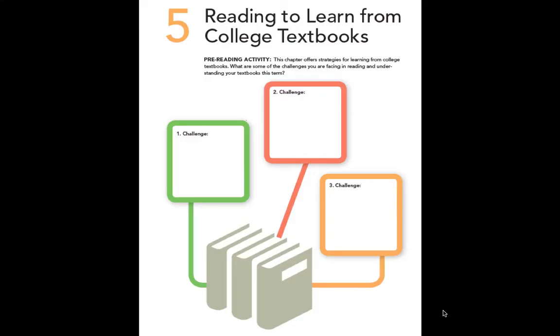So to start off this chapter, and I have mentioned this before at the beginning of every one of our chapters, you have this pre-reading activity, and this is a good one that I want you to experience. It says this chapter offers strategies for learning from college textbooks. What are some of the challenges you are facing in reading and understanding your textbooks this term?